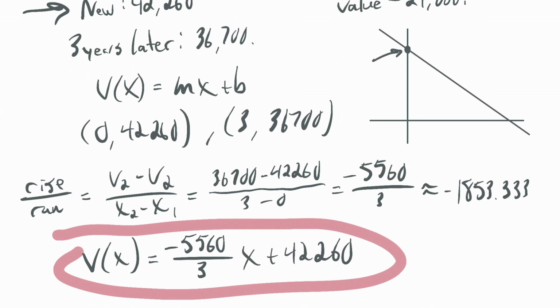If I plug in 3 for x, I'm pretty confident I would end up getting 36,7. You can check that for yourself if you want to.